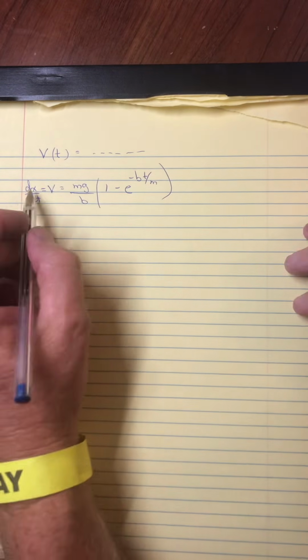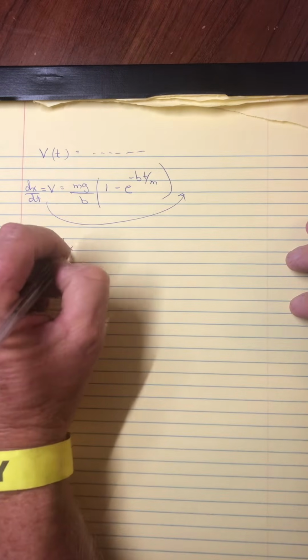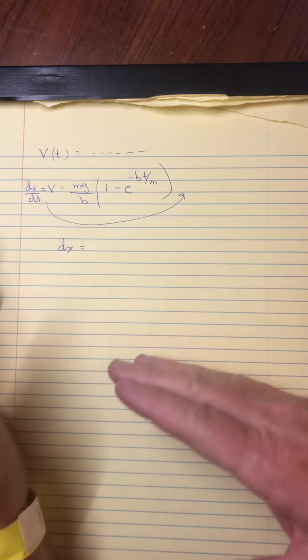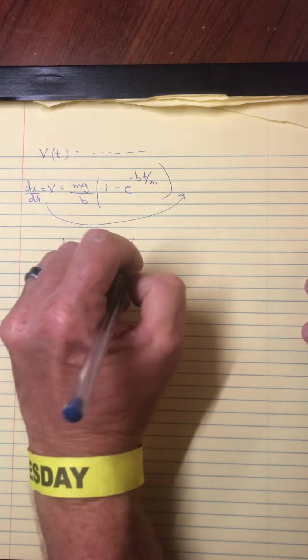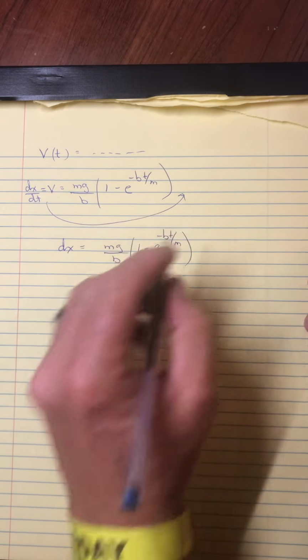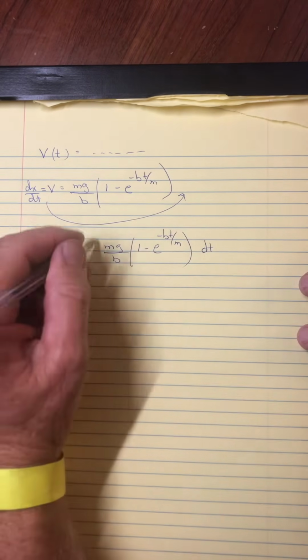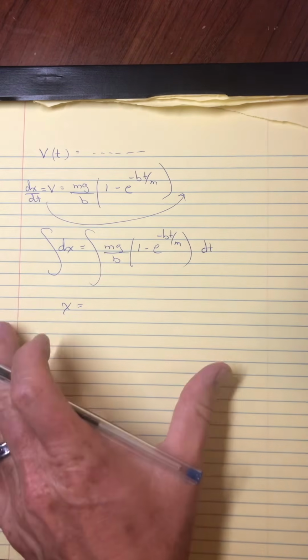So if we play the same game and move the dt to this side, we would have a dx left over on the left-hand side, and then we would have mg over b times 1 minus e to the minus bt over m dt. And if we integrated that, we would get x. We would get how far it goes.